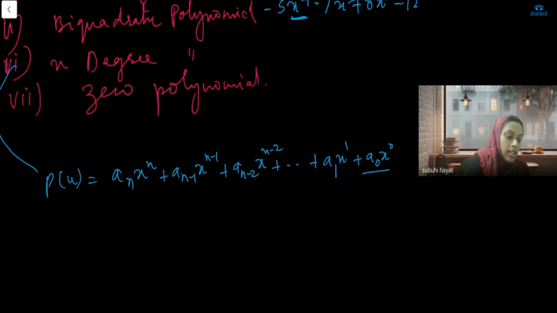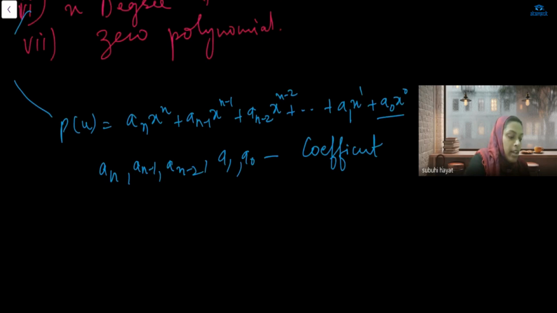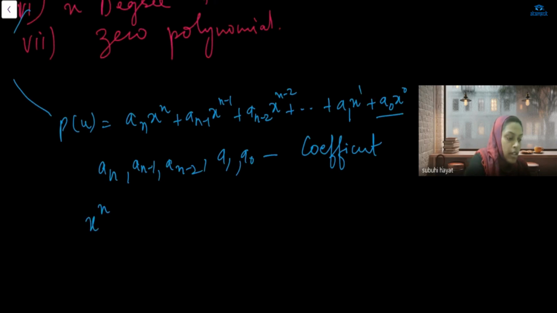In this expression, a_n, a_(n-1), a_(n-2), a_1, a_0 are all coefficients of the variable, and the variables are x to the power n, x to the power n minus 1, x to the power n minus 2.